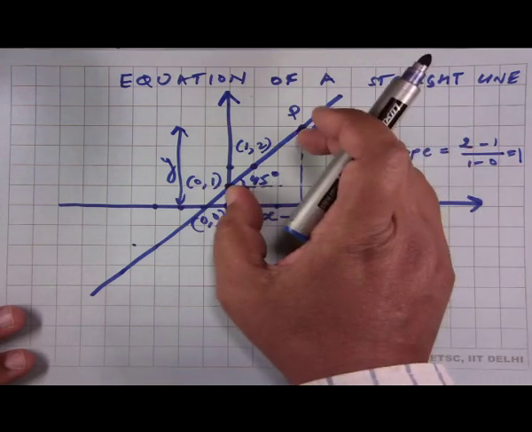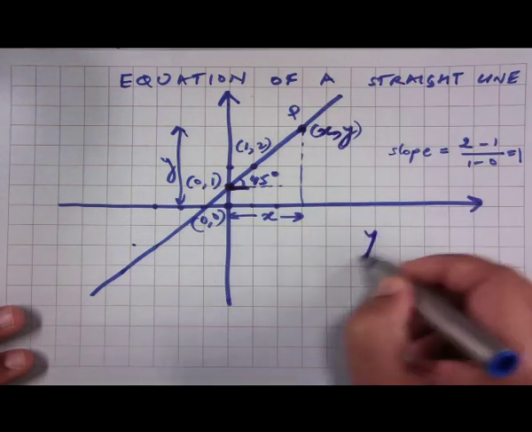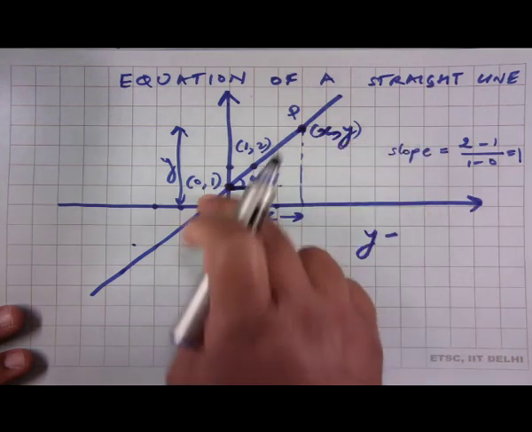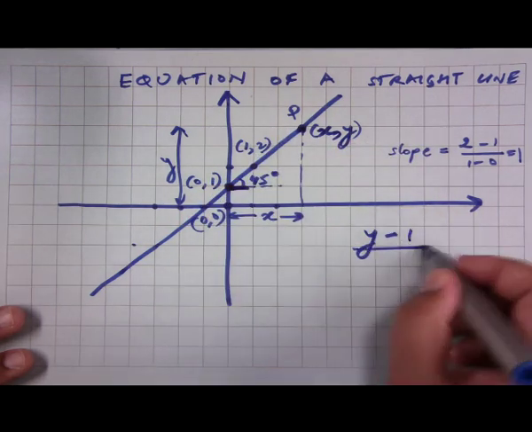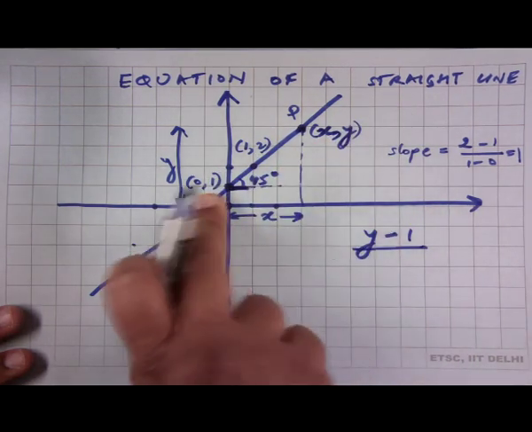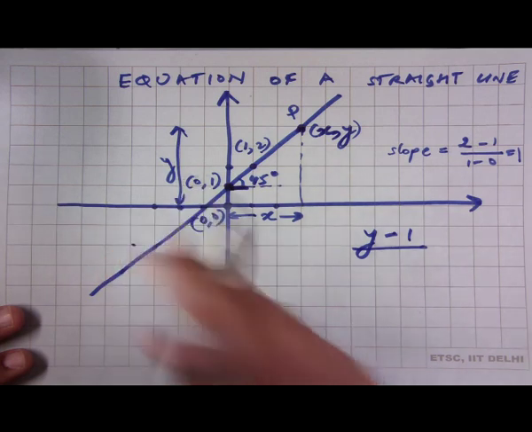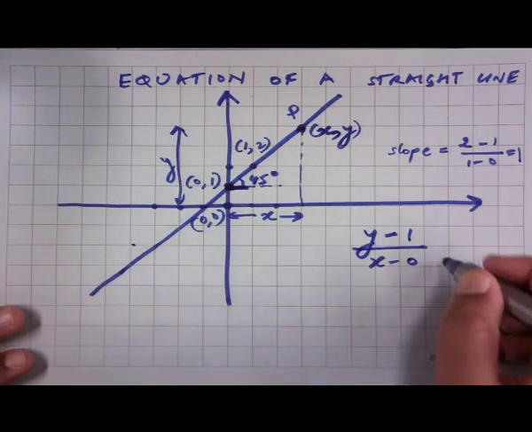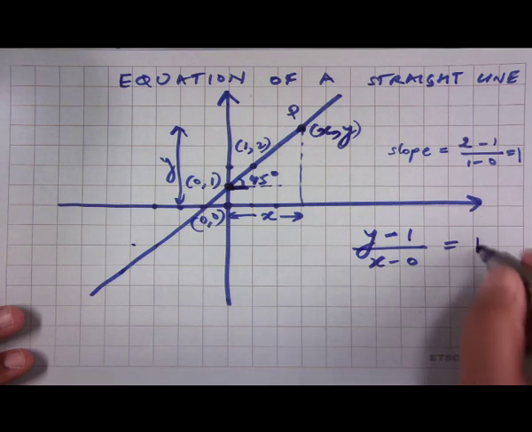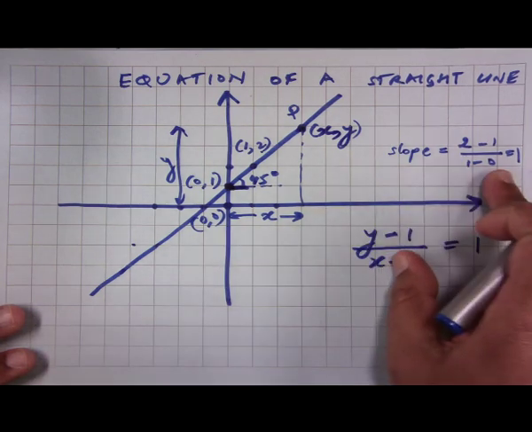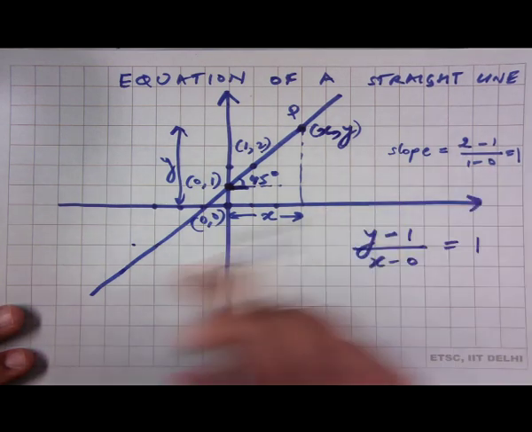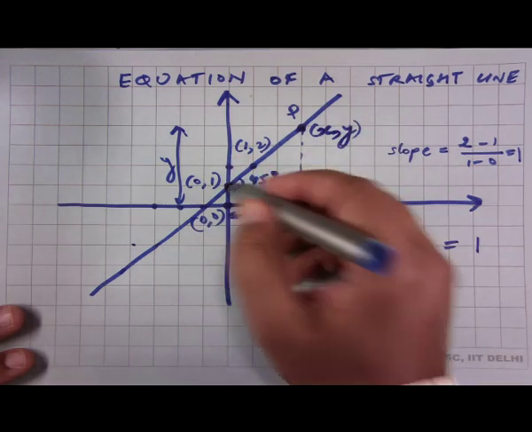Now, the slope of this line segment is y minus 1 divided by x minus 0, and the slope should be 1, because we calculated that the slope of this straight line is equal to 1.